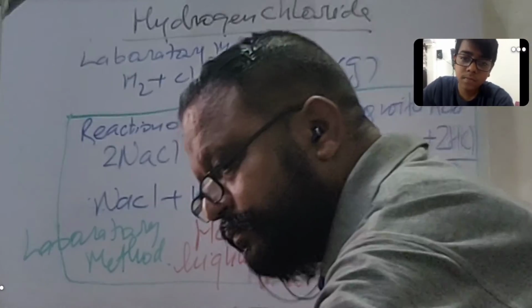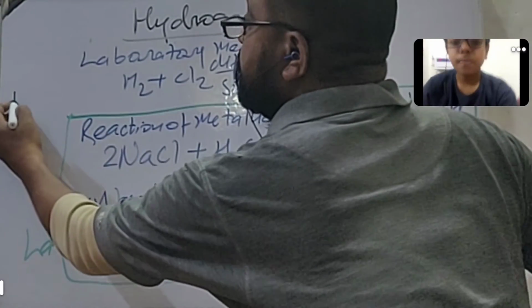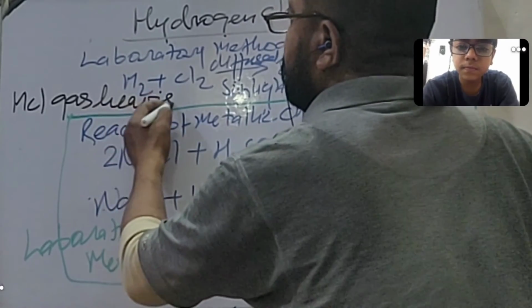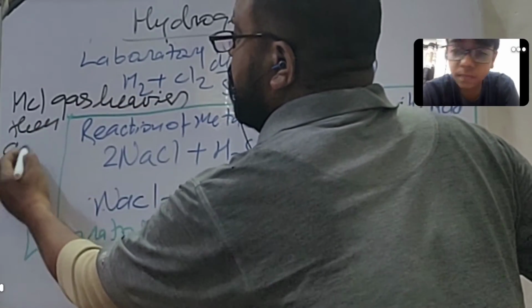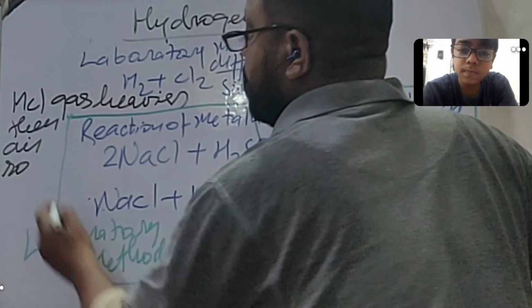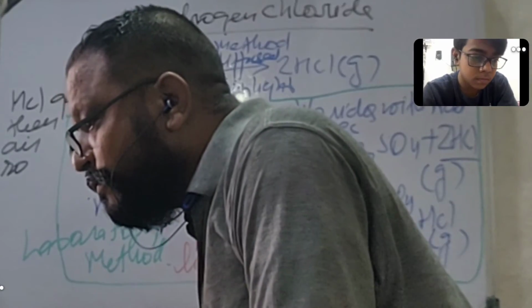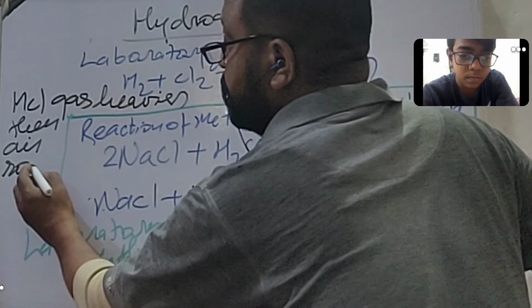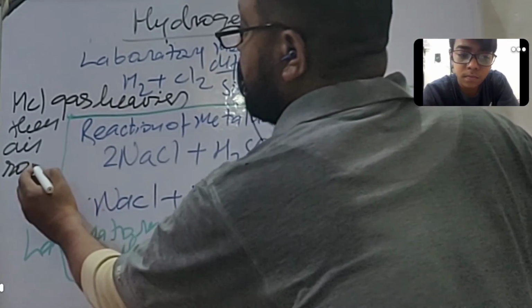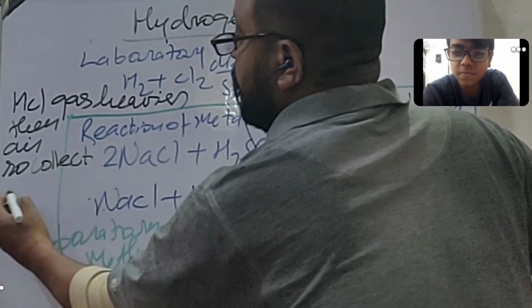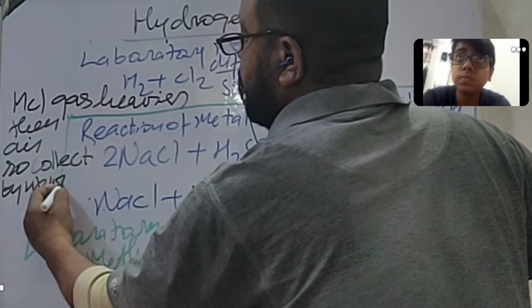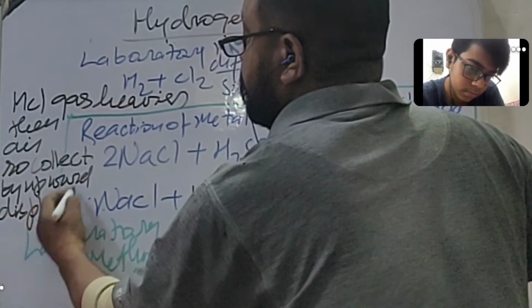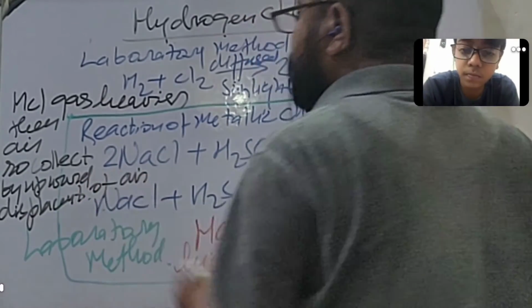HCl gas is heavier than air, so it is collected by upward displacement of air. Fine.